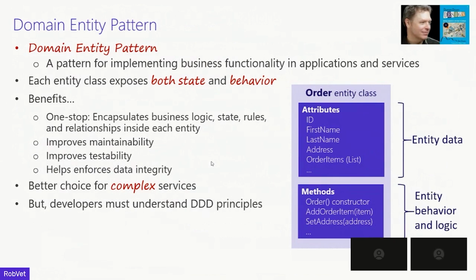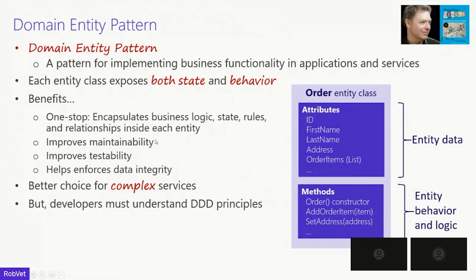I may turn that around here. I may say I have an order entity class that represents not only the state of that order, but all of the business logic. So I'm going to do away with that business logic class, and in each entity class, I'm going to include the state for that entity and all of the logic inside of it. So everything order goes in order.